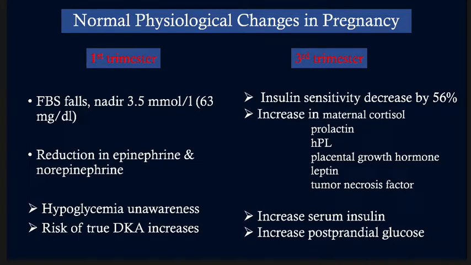Because physiologically there are hormones produced by the mother and by the placenta which are pro-diabetic. So they are putting patients at risk to ultimately develop gestational diabetes. So patients who have the characteristics and genetic predisposition to develop gestational diabetes, it is going to be very easy for them in comparison to the non-pregnant state.